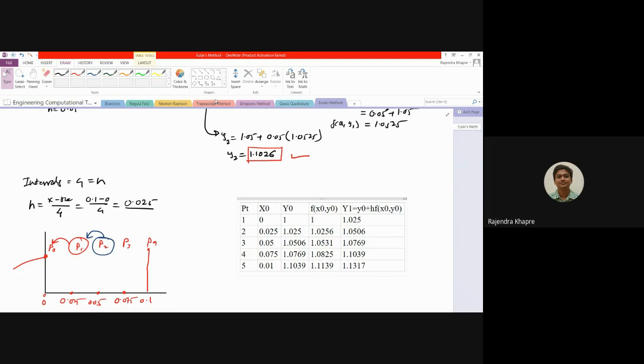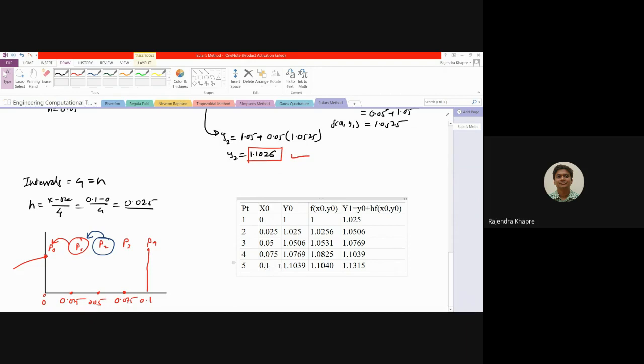1.1046. Which one? So f of x0 by 0. And how about this one? 1.1315. Sure? I think something went wrong, one second.